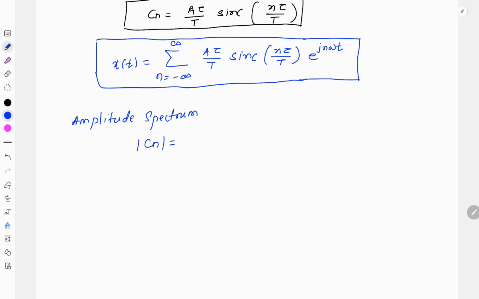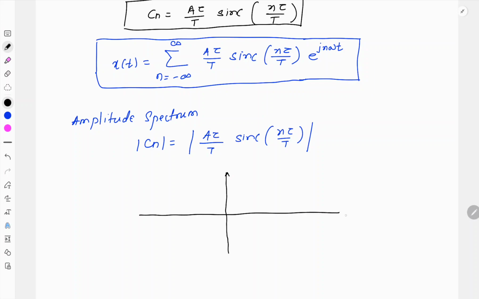So if you look at the given equation, mod of Cn is nothing but a tau upon T sinc of n tau by T. So straight away we can find out the amplitude spectrum as it is a sinc function with the amplitude as a tau by T. So we have this axis as n, this axis as mod of Cn, and 0.